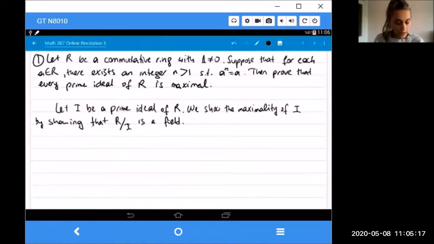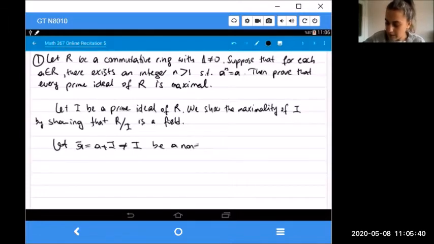Now, for this one, of course, we have to find the multiplicative inverses of each element in R over I. Now let a bar, which is a plus I, be a non-zero element in R over I.